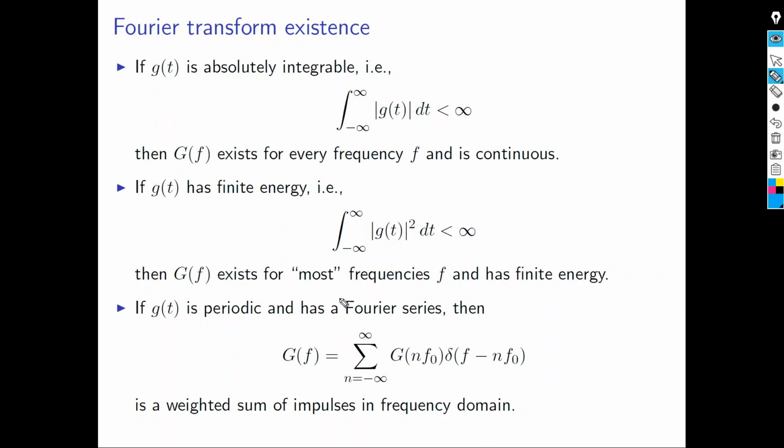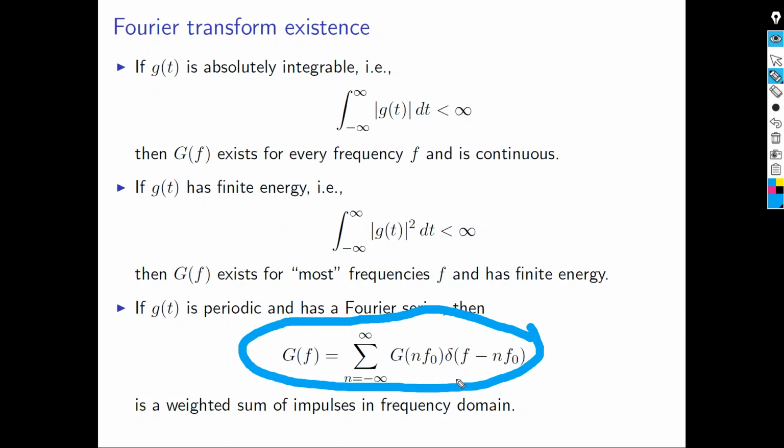If g of t is periodic and has a Fourier series, then G of f, if it also has finite energy, can be written in this form: the summation of G at f naught, the frequency components at the fundamental frequencies multiples of f naught, multiplied by delta of f minus n f naught, which is the shift.